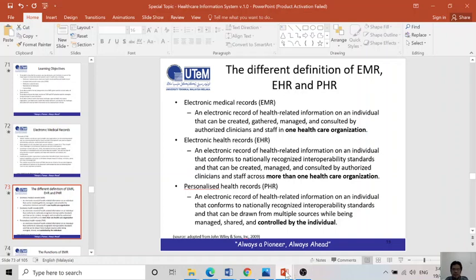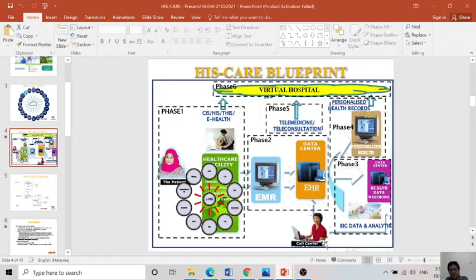So see from this diagram, the EMR is generated from various hospitals, and it becomes the central record at the country level. So to get the EHR, the EMR must be complete.